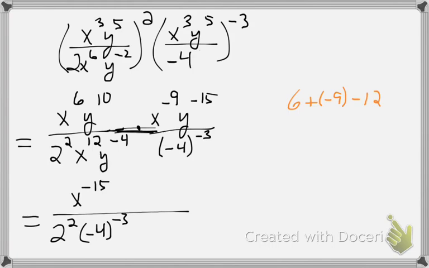All right. Well, let's see if lightning strikes twice. I put a y in there so you can see that as well. I've got y to the 10th, y to the -15th, and y to the -4th. If I'm multiplying like bases, those are going to be adding their exponents. And the one that's dividing, I'm going to be subtracting its exponent.